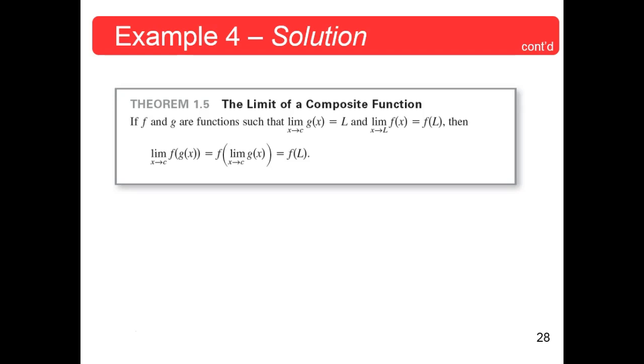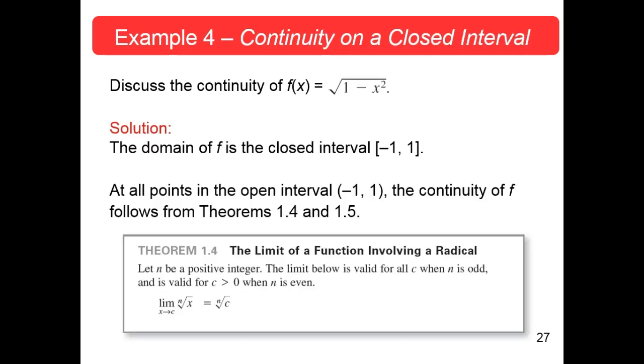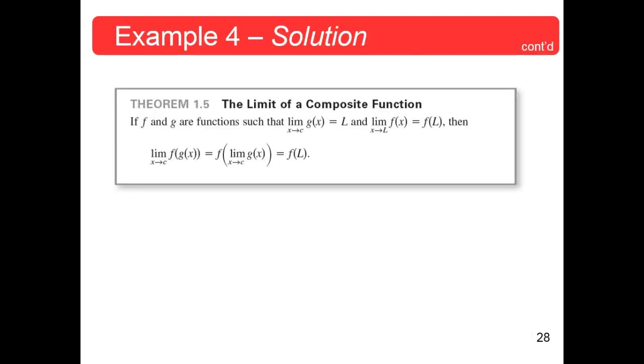And here's theorem 1.5, the limit of a composite function, which is exactly what that function is. You have a function inside another function. That's a composite function. Remember that? f of g of x. Your f of x would be the square root function. The g of x would be 1 minus x squared. If f and g are functions such that the limit of g of x as x approaches c is L, and the limit of f of x as x approaches L is f of L, then the limit of f of g of x as x approaches c will be f of the limit.